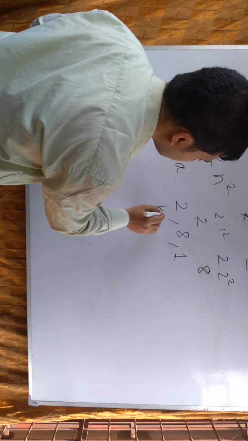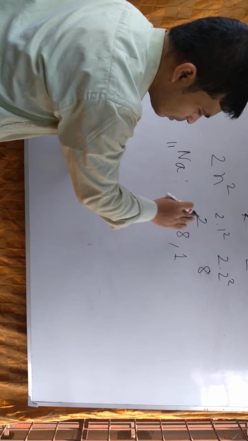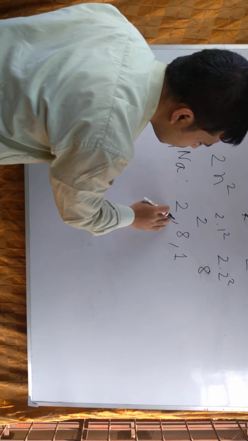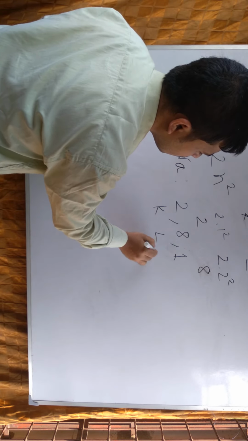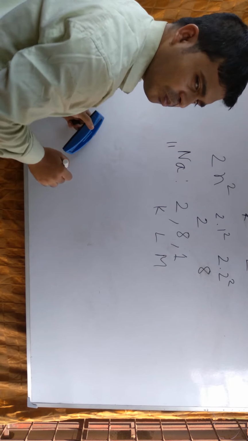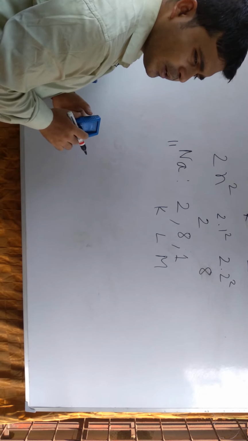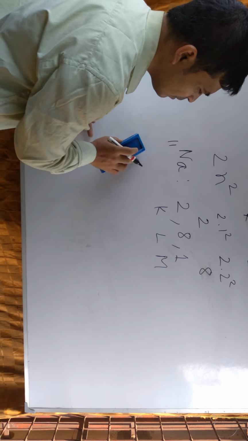The K shell is fully filled, since 2 electrons is its maximum capacity. Next, out of 11 electrons, 8 electrons fill the L shell, and after completing the L shell, electrons start to fill the M shell. In this way we can write the electronic configuration of an element using the shell concept.